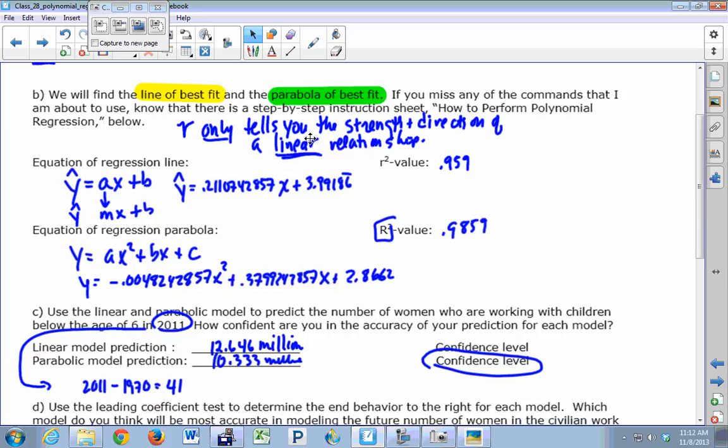This is not in your textbook. So the only homework and practice you can get with this for any assessment that you're going to have, both your quiz after the next one, your next test, and your final, is to work through these problems. I think I gave you 4 data sets.